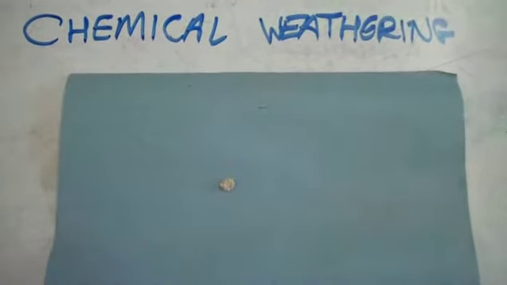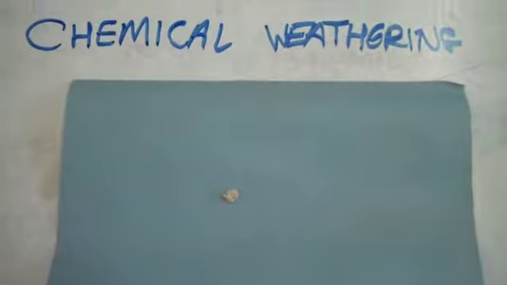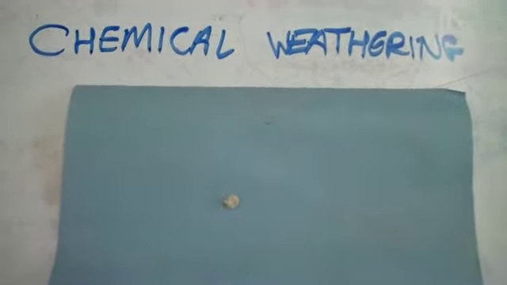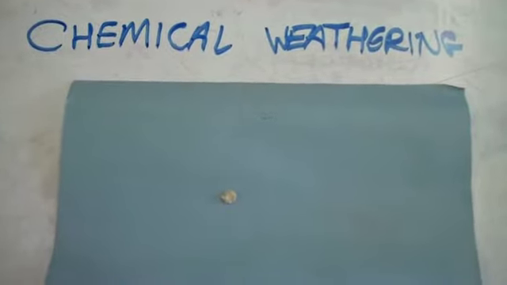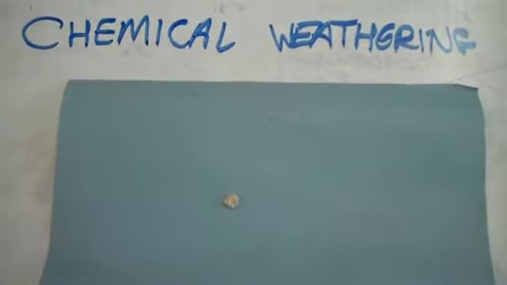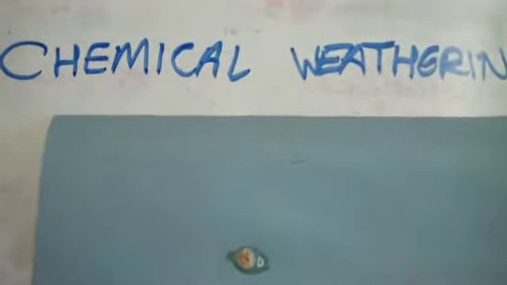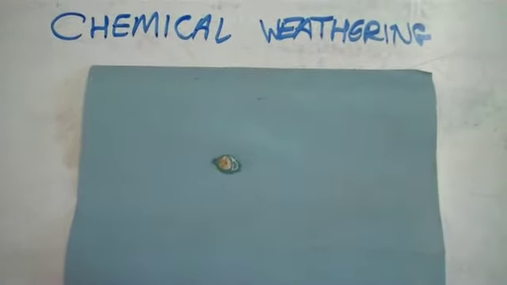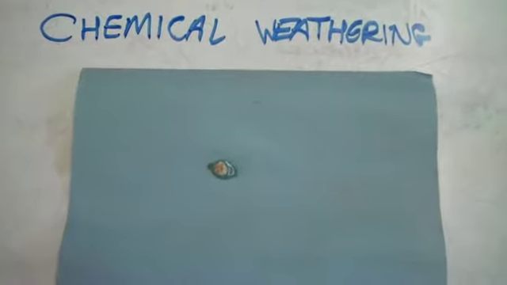For example, when a rock, such as the one on this blue paper here, is exposed to different types of chemicals in the atmosphere or in the water that the rock is submerged in that it reacts with, like we see here, those rock particles, or the cement that's holding those particles together, may break down and cause particles to fall off of the larger parent rock.